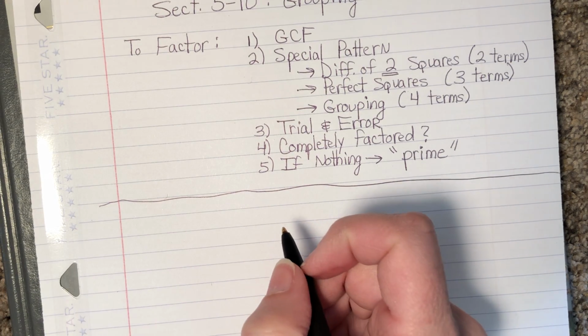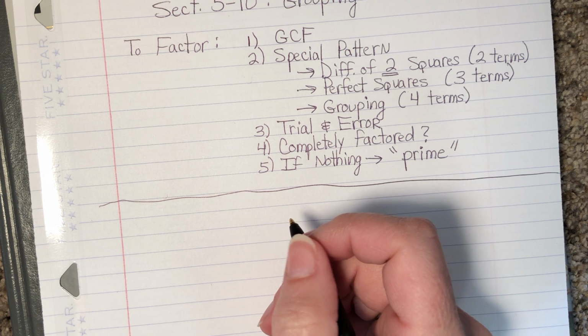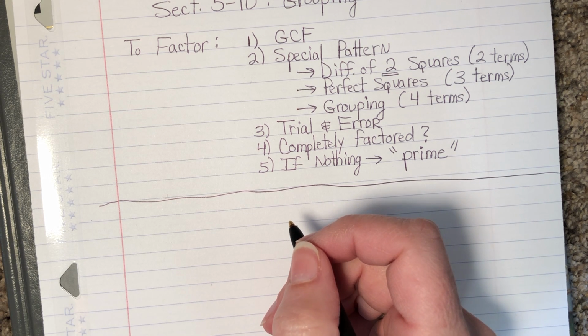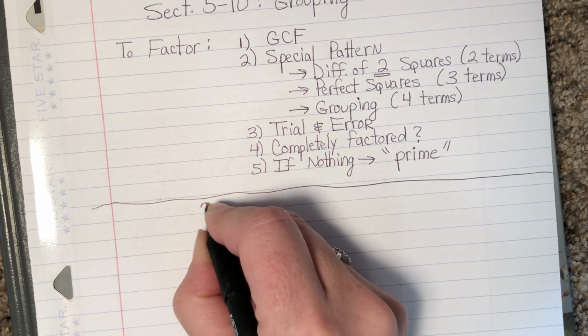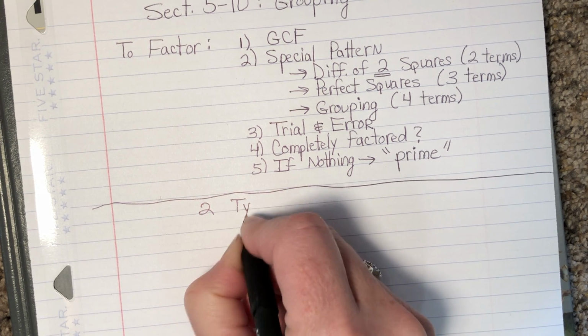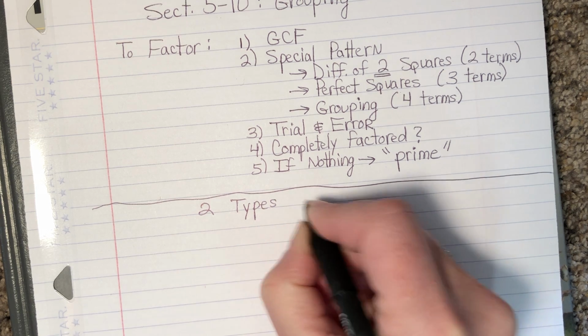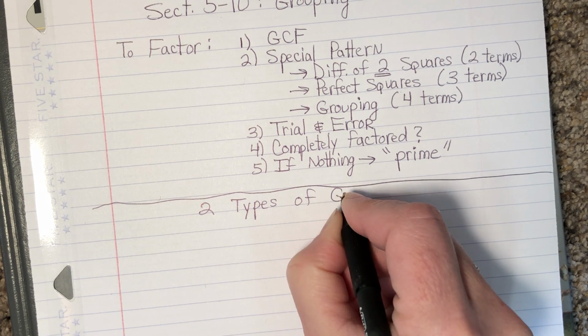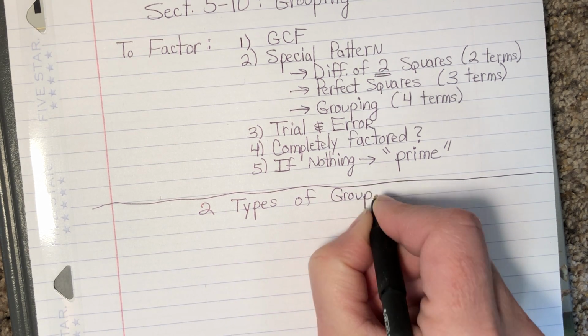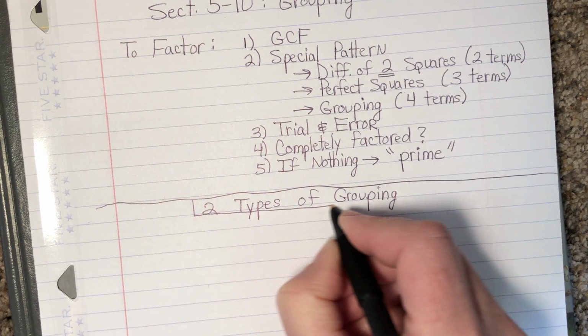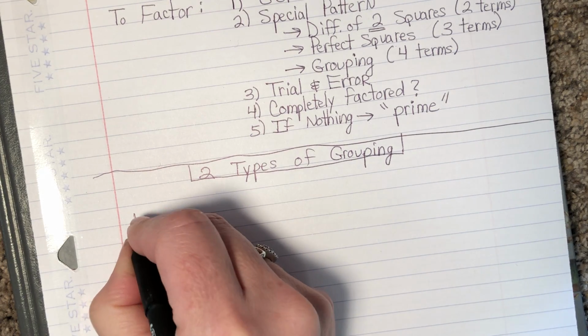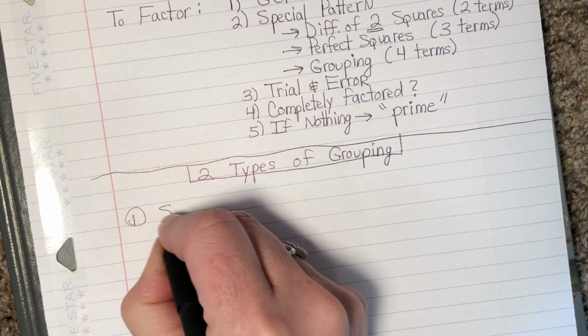Now, grouping. There's actually three types of grouping, but I'm not going to confuse the issue. We're just going to do two types of grouping. The first type is what I call simple grouping.